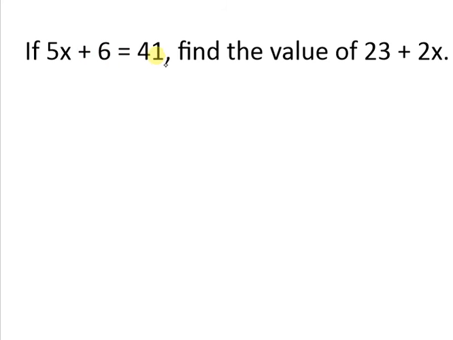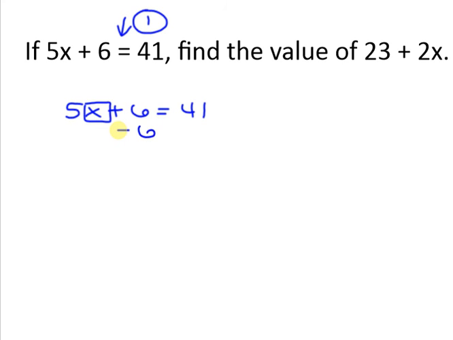If 5x plus 6 equals 41, find the value of 23 plus 2x. So step 1, find the equal sign. Here it is. This is going to be the first thing we have to solve. 5x plus 6 equals 41. So this is a two-step equation.